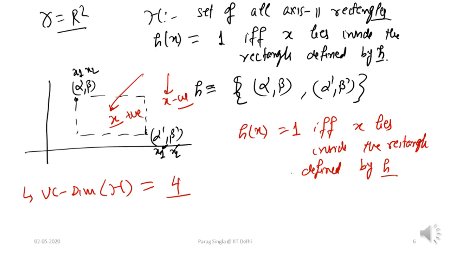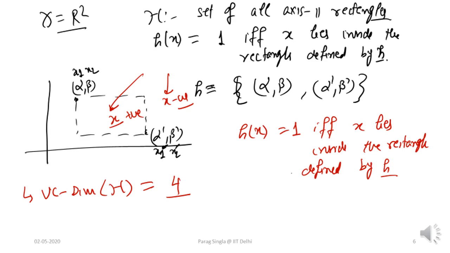You can see that this always defines a unique rectangle in the 2D space. Now, given this hypothesis class, which represents these rectangles, where a point is classified as 1 if it is inside this rectangle and 0 otherwise, we will show what the VC dimension of this hypothesis class is.